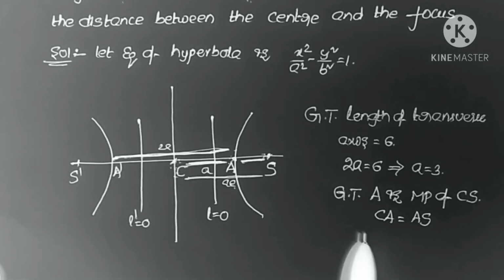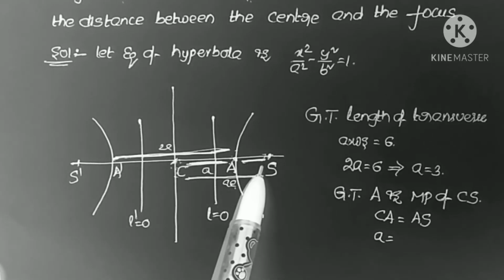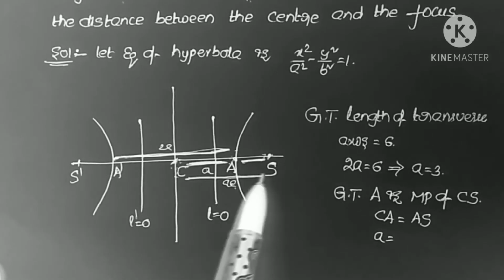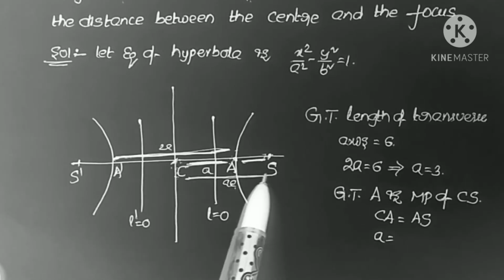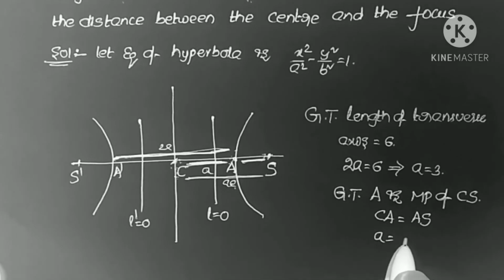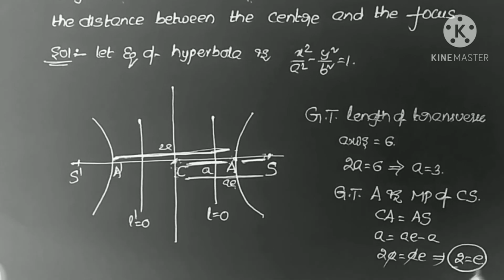What is CA value? CA is equal to a, and what is AS value? Clearly from the diagram AS is equal to ae minus a. So a is equal to ae minus a, which implies a plus a, 2a is equal to ae, then 2 is equal to e, that is e is equal to 2.